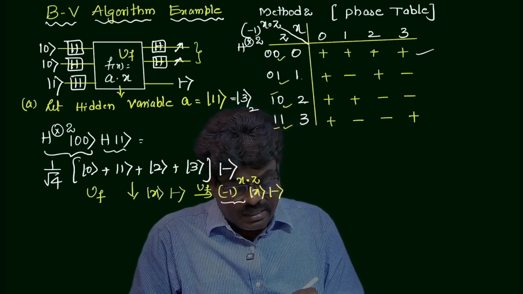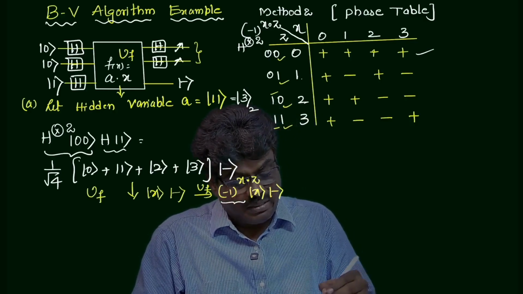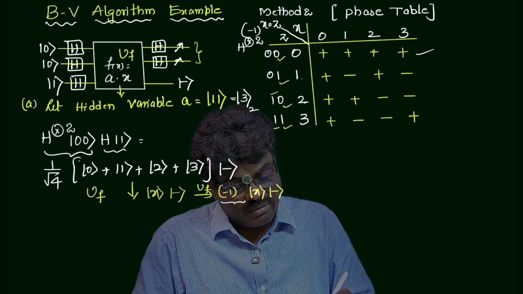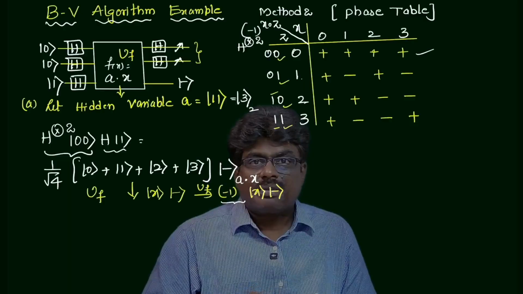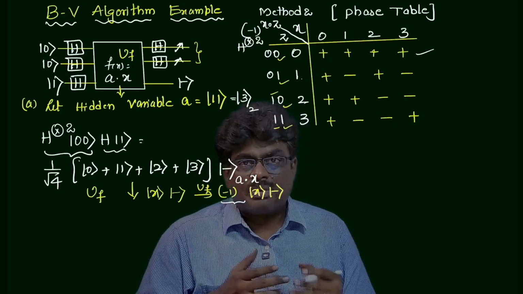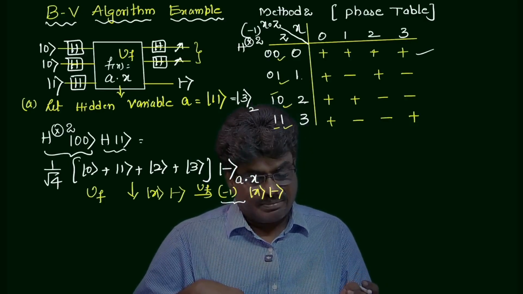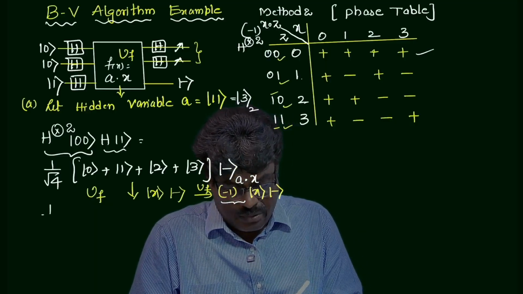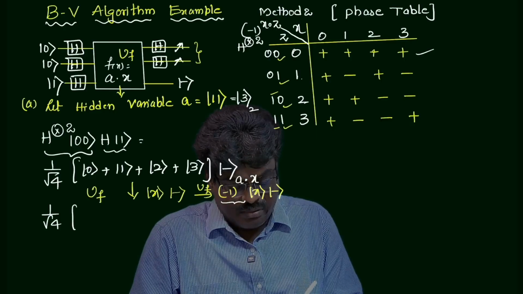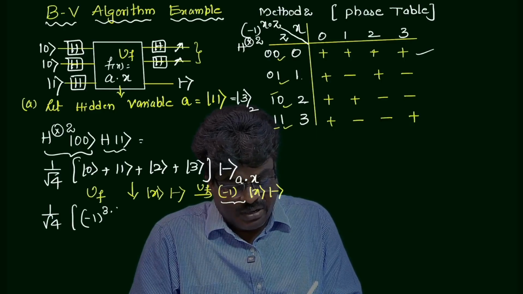Here our hidden variable is what? Sorry, it's not x dot z. I'm sorry, this is a dot x. This unitary operator is minus 1 whole power a dot x. And in this case, our a is nothing but 3. So that's why I'm going to write 1 over root 4, minus 1 whole power 3 dot 0.